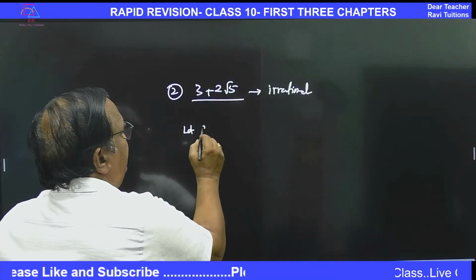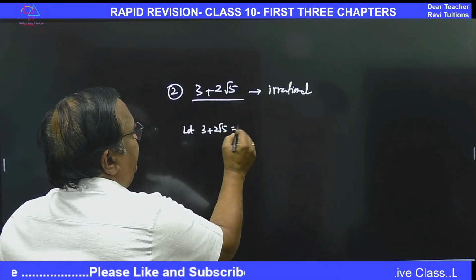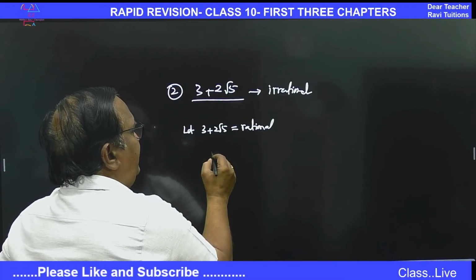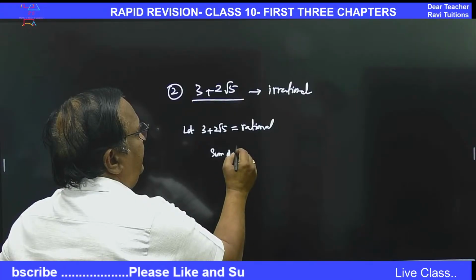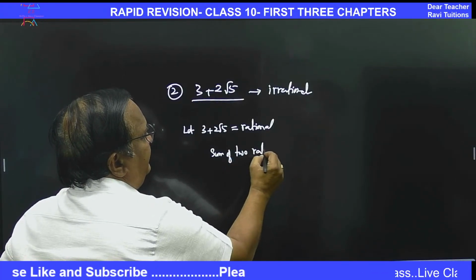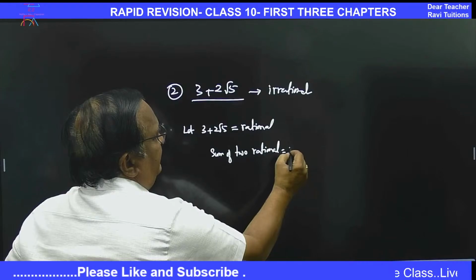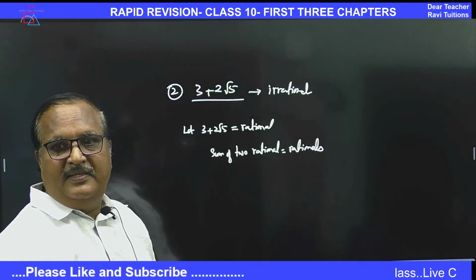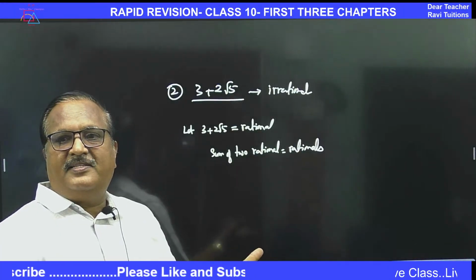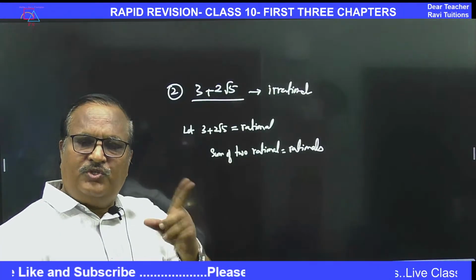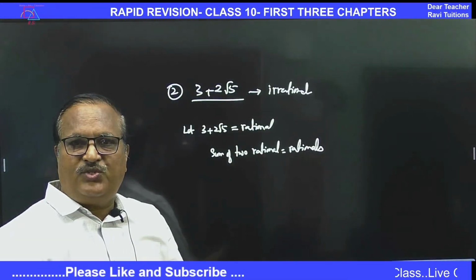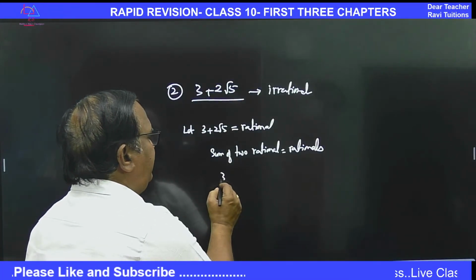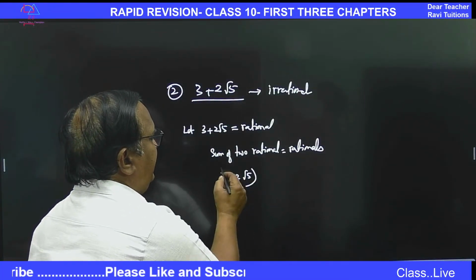Let 3 plus 2 root 5 be equal to a rational number. We know the closure property: the sum of two rational numbers is a rational number. Every rational number should satisfy the closure property. So one rational number is 3 plus 2 root 5, because this is our assumption.